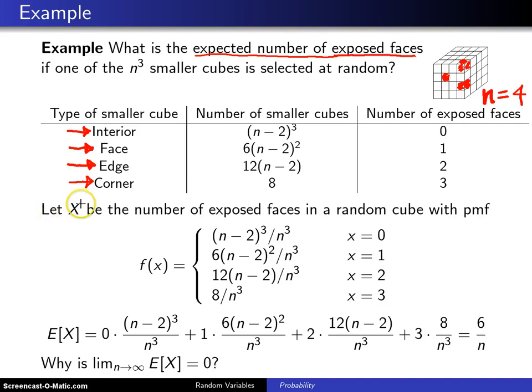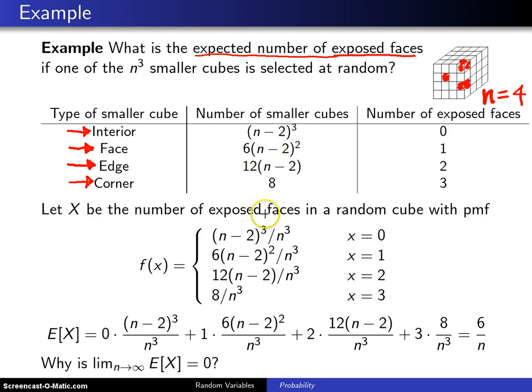So if we let the random variable x be the number of exposed faces in a random small cube selected, then it will have the following probability mass function. Notice here for the support you can have 0, 1, 2, or 3 exposed faces, and the probability of getting 0 faces is going to be n minus 2 cubed, that's the count, divided by the total number of little small cubes, and there are always going to be n cubed small cubes.